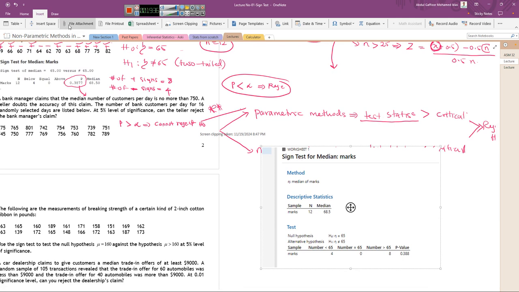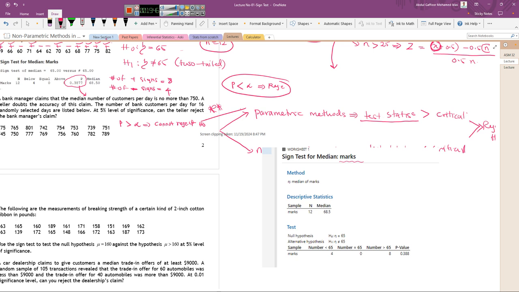The sign test is conducted for median, not for mean, and the data we have taken is marks. Now eta represents the median of marks, so this is our actual median of the data points that we have, that is 68.5.